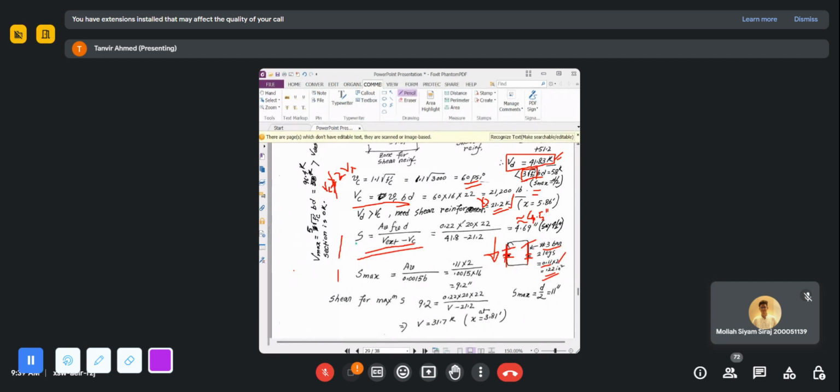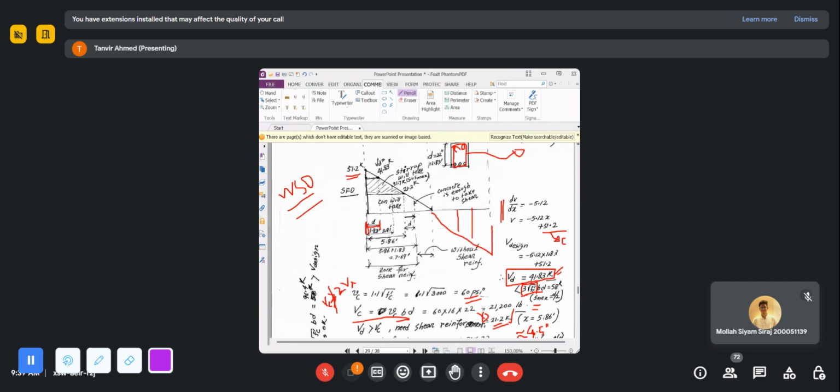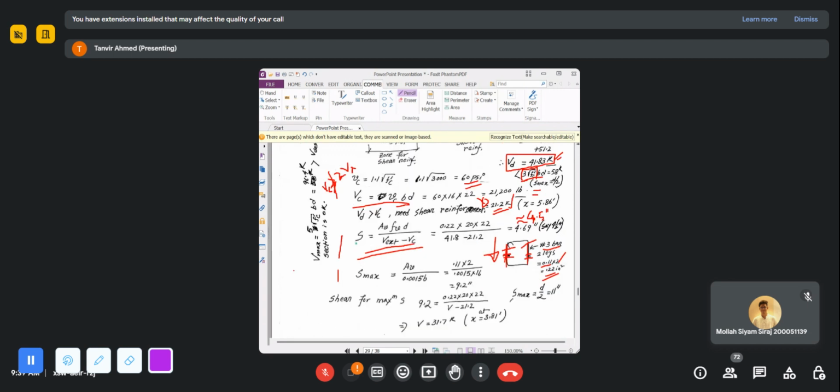So this is the spacing that you need at the point of the design shear, not maximum shear, the design shear. Okay, this is the spacing for steel you need at the section of design shear.